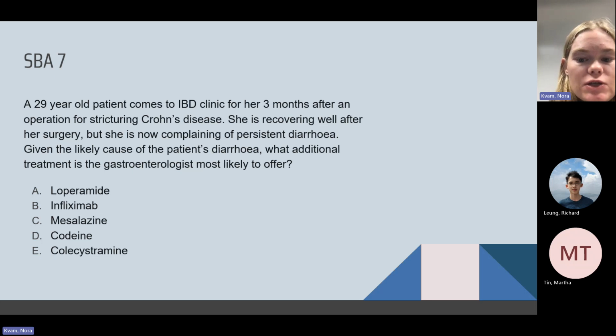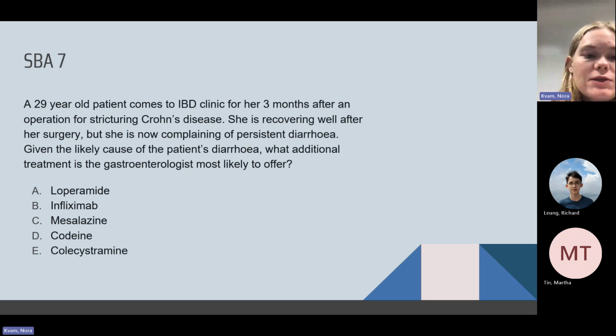So I think this is the difficult question, and I think you have to know a lot about the physiology of the gut and all of that. But basically, when it comes to strictures, the terminal ileum is the most common site for strictures. And so she's had surgery for strictures, so that most likely will be of the terminal ileum. The ileum is also where the bile is reabsorbed.